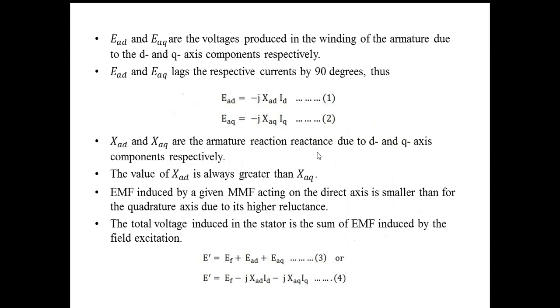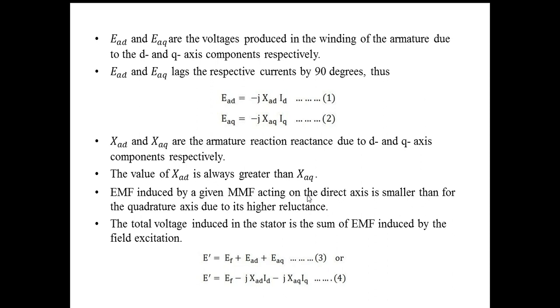So where the reluctance is low, the reactance would be greater, and here the reactance is going to be less. So the EMF induced by the given MMF acting on the direct axis is larger, because this proportionality is maintained. If XAD is greater, then EAD will also be greater, and XAQ is smaller, then EAQ will also be lesser in value.